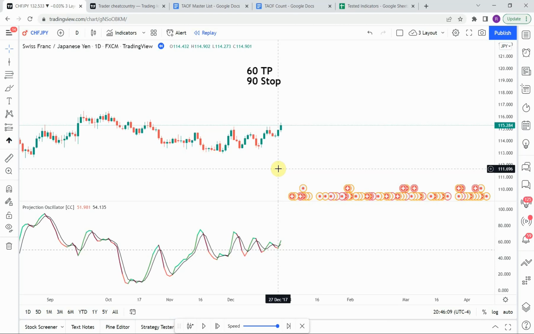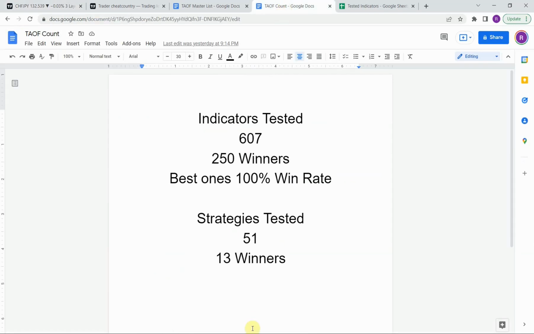Alright, as I said, today we will be testing the projection oscillator. Before we do though, I wanted to put the testing scoreboard up for everyone to see. So to date, we have tested a total of 51 different strategies, with 13 of them being profitable. We've also tested a total of 607 indicators, with 250 of them being winners.